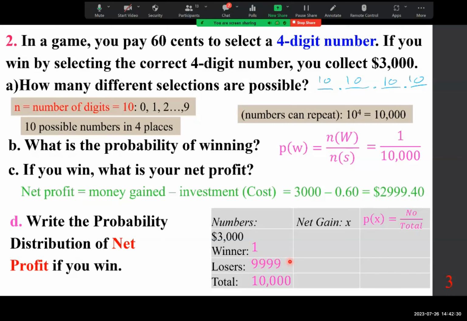Now, how much do we gain? The person who is winning is going to gain this much. What about the loser? We're going to write negative, whatever this number is, 0.6. So this is for the winner, and this is for the loser, and you have to put the negative.